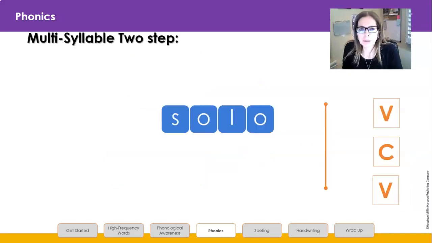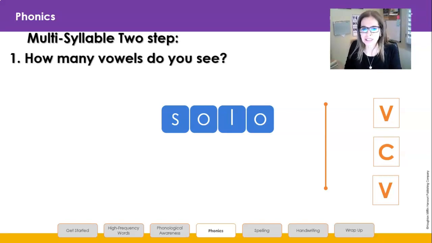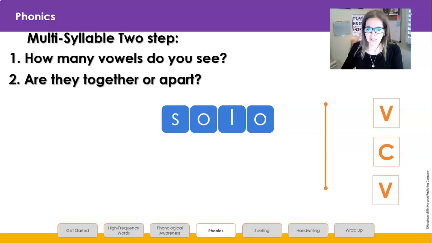So in multi-syllable 2-step, we have 2 questions. How many vowels do you see, and are they together or apart? So in this word, we have a vowel here and a vowel here. We call this pattern a vowel consonant vowel pattern.